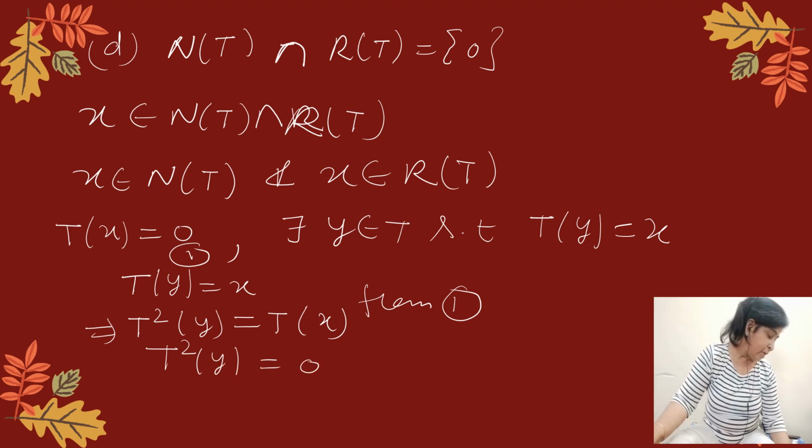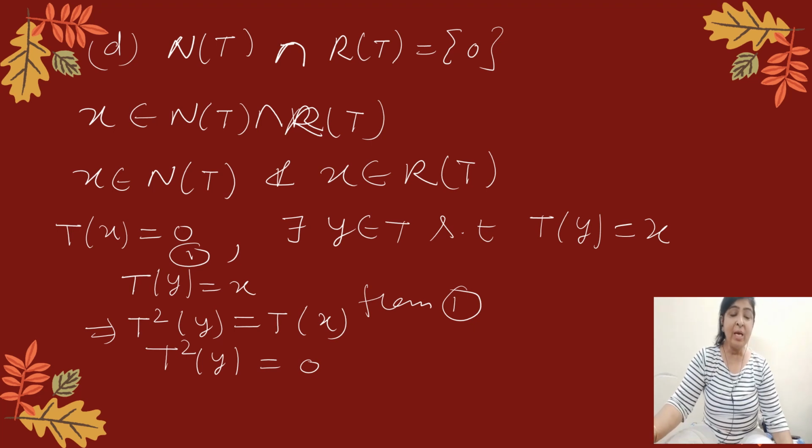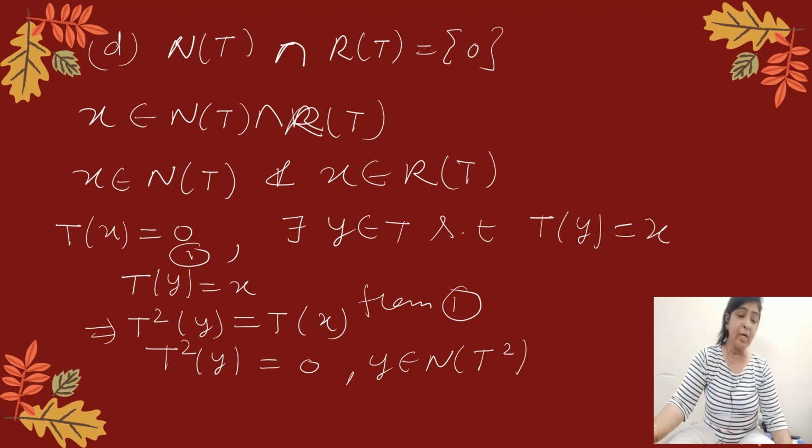If T square y is equal to 0, this implies y belongs to nullity of T square. y belongs to nullity of T square implies y belongs to nullity of T, implies T of y is equal to 0.